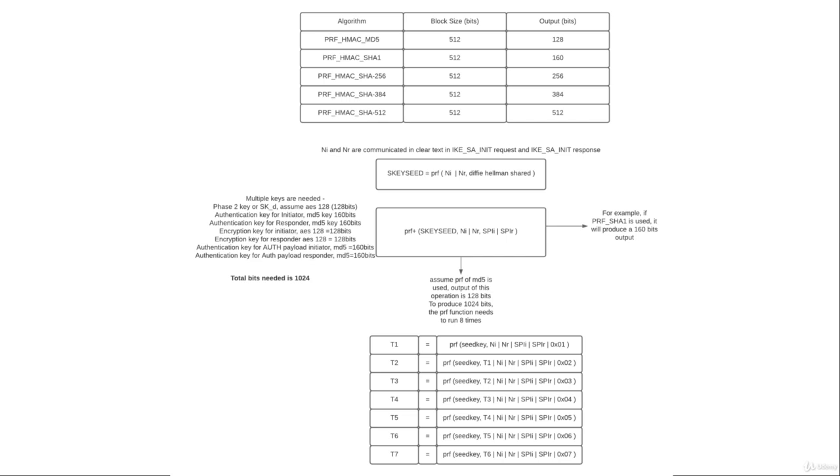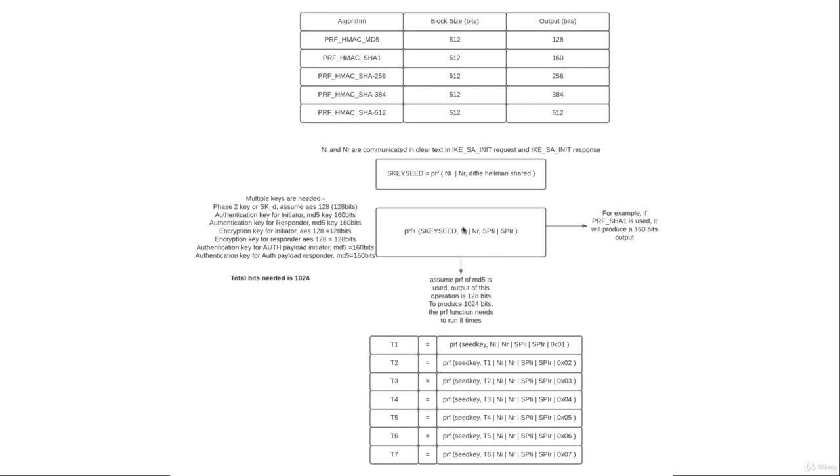Now, this is called the seed key. The seed key is then used as the key to hash the concatenation of nonce initiator, nonce responder, security parameter index initiator, security parameter index responder. Okay, we know that running the HMAC function produces a fixed output.